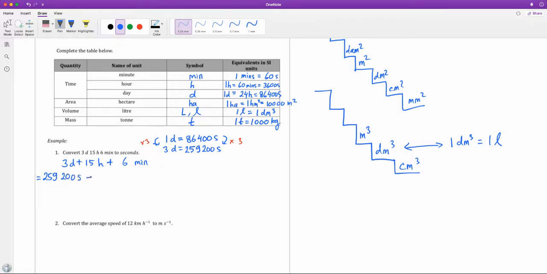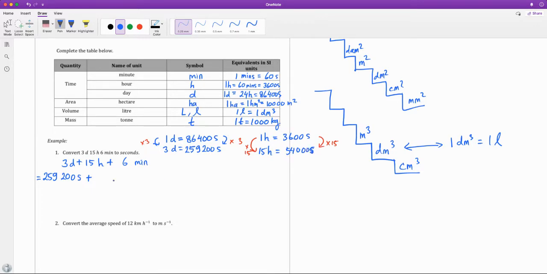So 259,200 seconds plus 15 hours. 1 hour equals to 3,600. Therefore, 15 hours, from 1 into 15, we need to multiply by 15. Calculator again. 54,000 seconds.